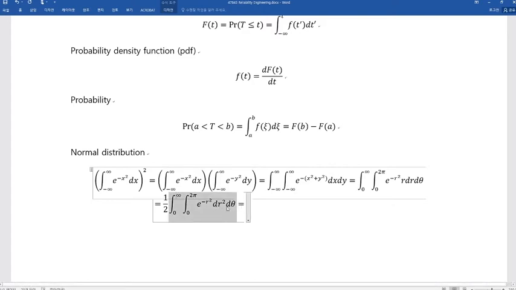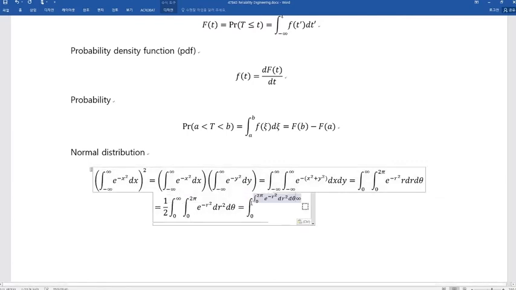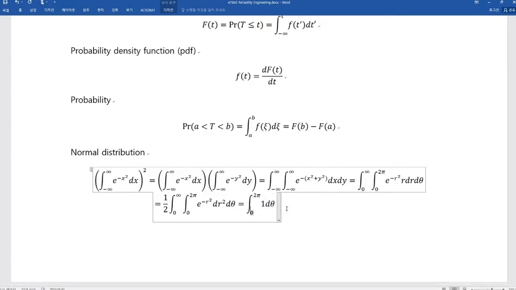So this is going to be 1 over 2, and the integration result would be 1, and we still have 1 over 2. So the result is 2 pi, and the 2 will be cancelled with this half here. So the final result will be simply pi.